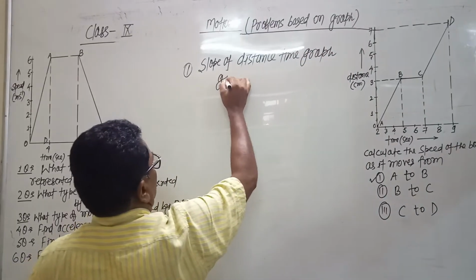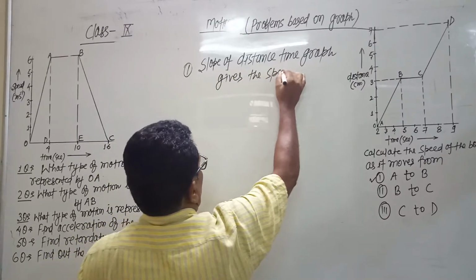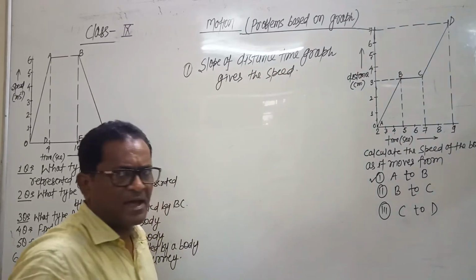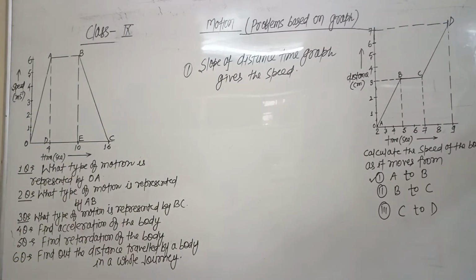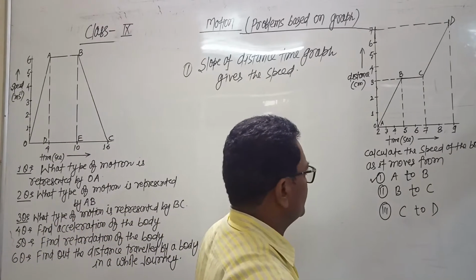Previously we have discussed that the slope of a distance time graph gives the speed.